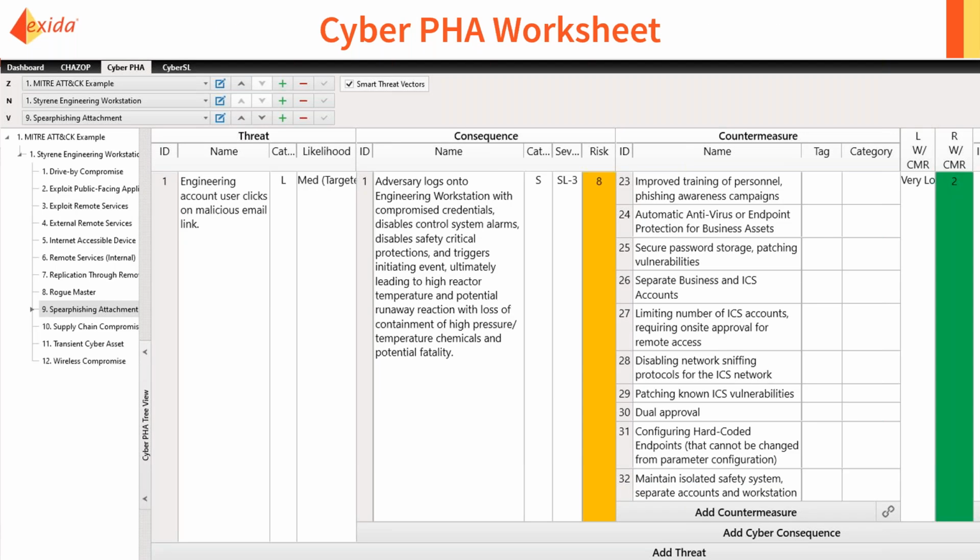And when we put it all together, we can take advantage of those techniques for the initial access and use those as our threat vectors. We can use our impact description to start our consequence and improve our consequence severity ranking. And then we can list countermeasures that we identify by considering the different tactics and use that in order to reduce our likelihood, hopefully to an acceptably low level.